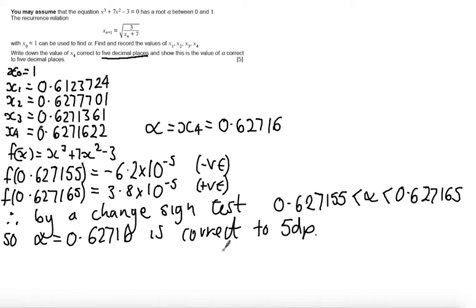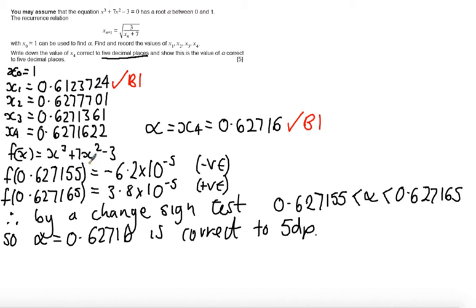Okay then. So let's have a look and see how the marks are awarded on this question. Okay, so first mark is given for x1, assuming that at the very minimum 5 decimal places are given after the decimal point. There is then a standalone mark for getting that x4 is 0.62716 to 5 decimal places.